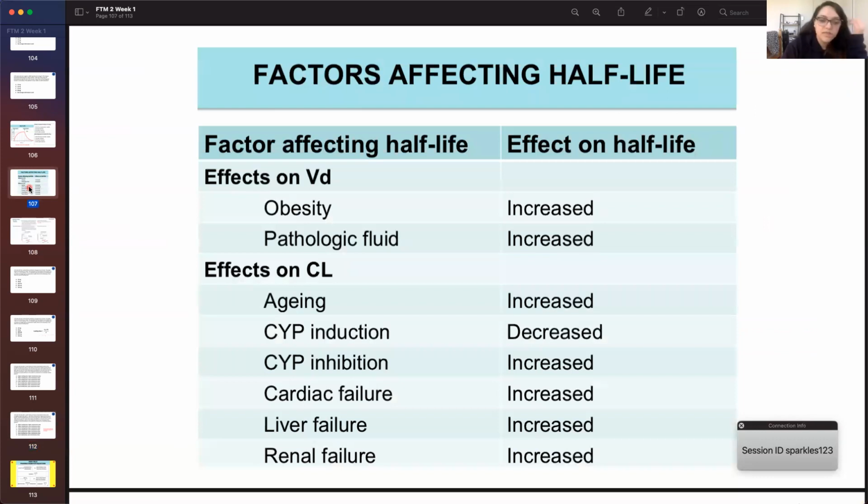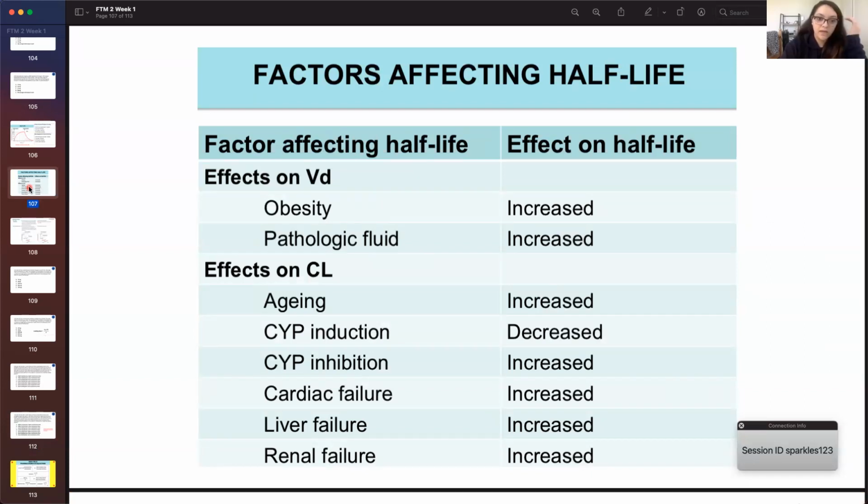Yeah, right there. So this is the table that we're basing this off of. For the clearance, liver failure, renal failure, and cardiac failure are all going to increase the effect on my half-life, and we're talking about the clearance for these. So keep that in mind. It's the same idea with renal failure, liver failure, and cardiac failure.